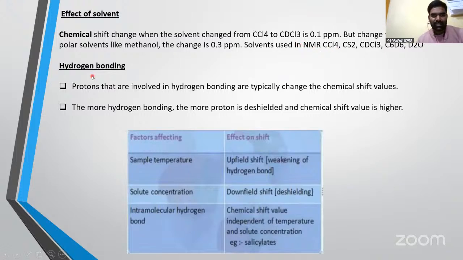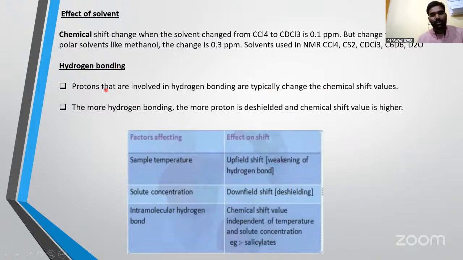Hydrogen bonding also affects the chemical shift. Protons that are involved in hydrogen bonding typically change the chemical shift value.